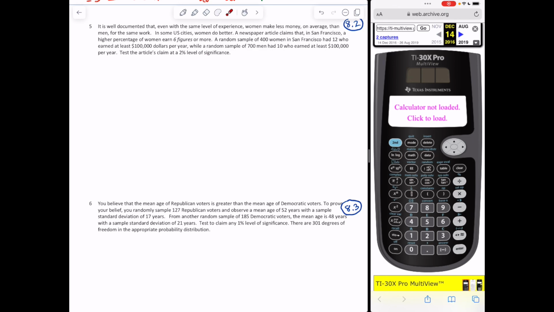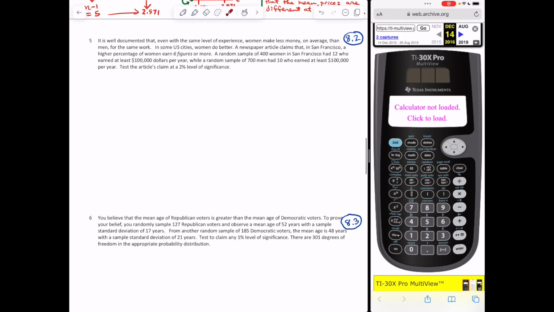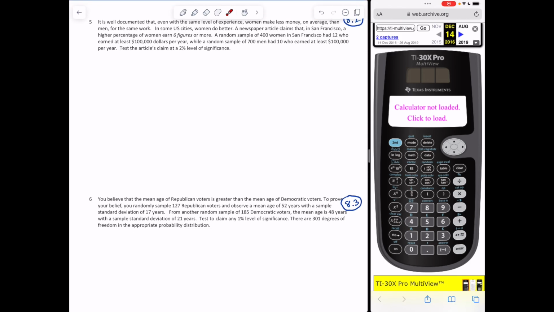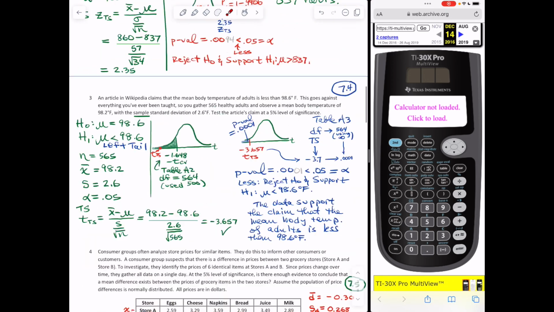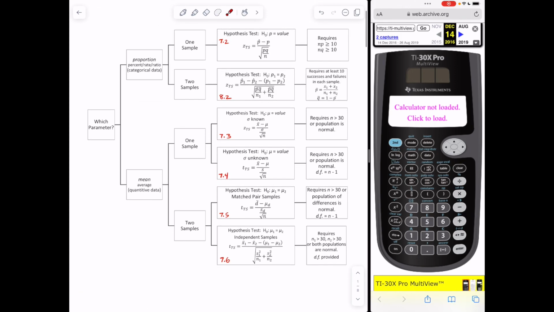So I think I'd like to get the sense of what the claim is. Just real quickly, it does talk about a higher percentage of women, and it's obviously comparing it to men. And so this is a claim about a percentage. There's two groups, the women and the men, two samples. So if we slide up to the flow chart here, again, this is about proportions or percentages, same thing.